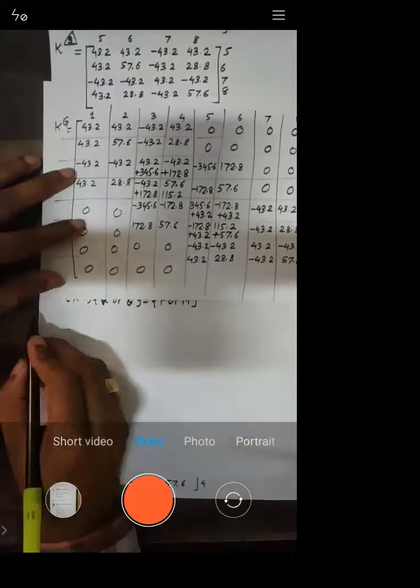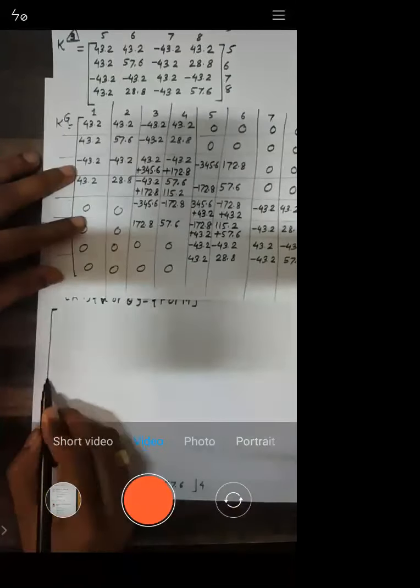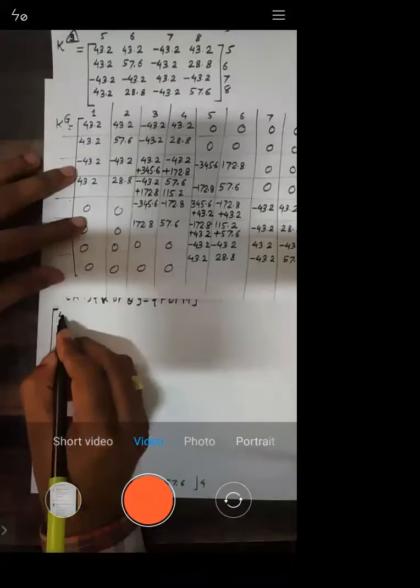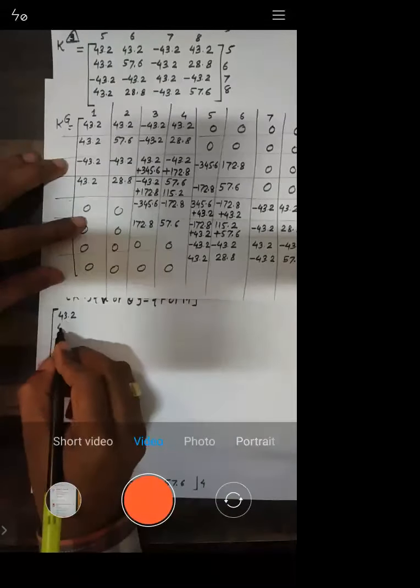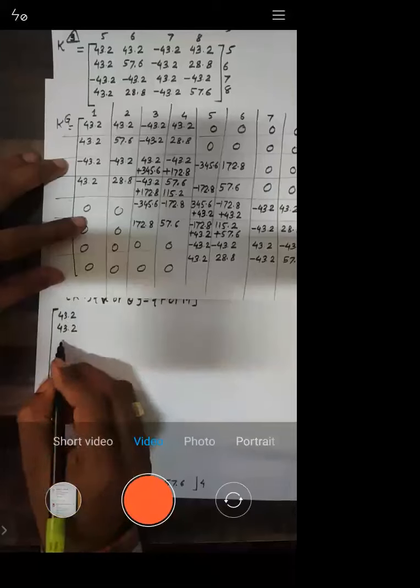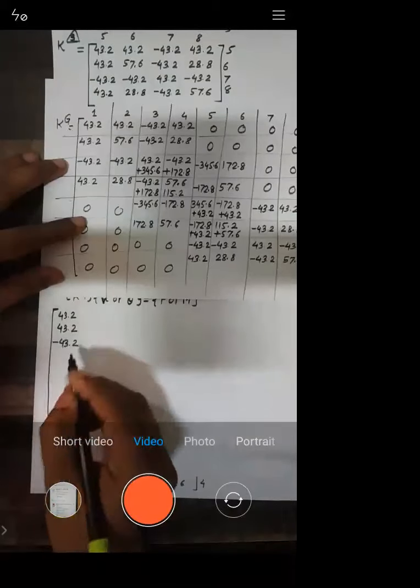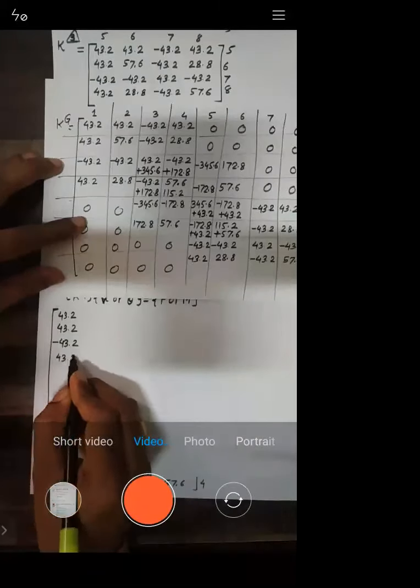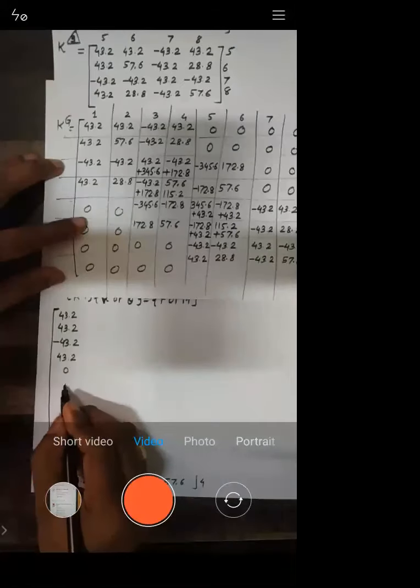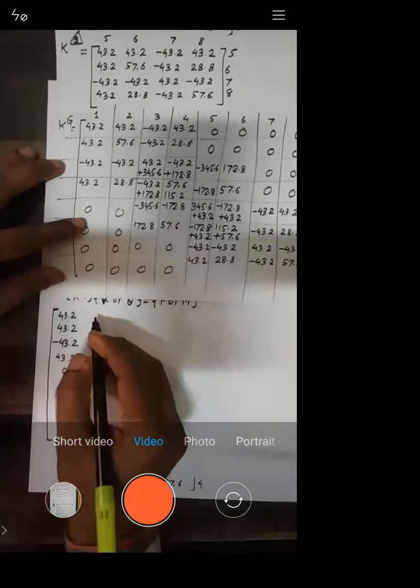I'll write down this matrix as it is. 43.2, minus 43.2, 0, 0, 0, 0, right?